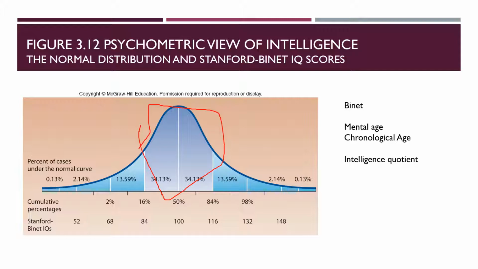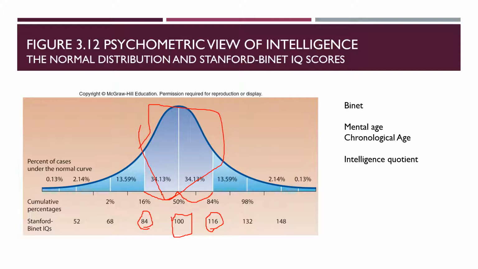This normal distribution basically states that 100 is the average or the mean IQ score in the population. Most people will fall within 1 standard deviation below and 1 standard deviation above the mean. So most people will fall, in terms of the Stanford-Binet IQ score, between 84 and 116, the average IQ in the population.